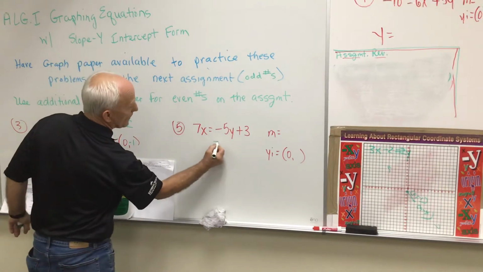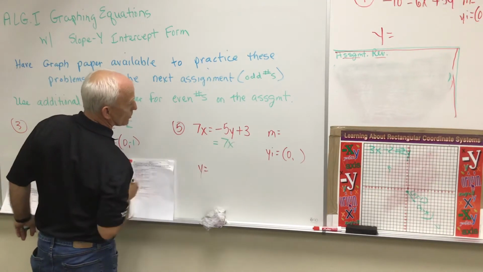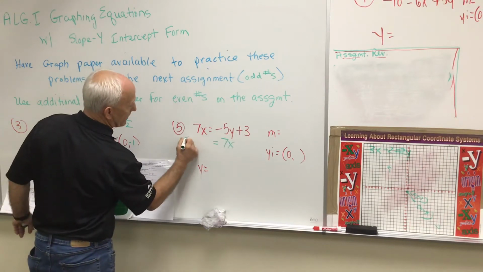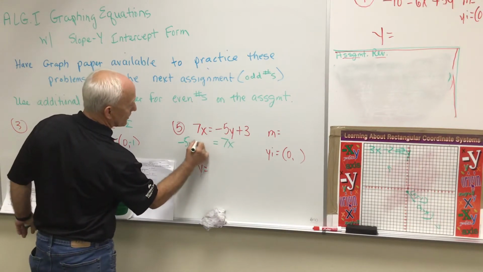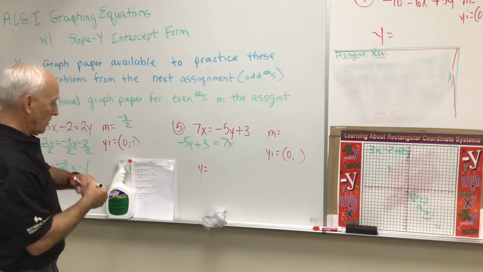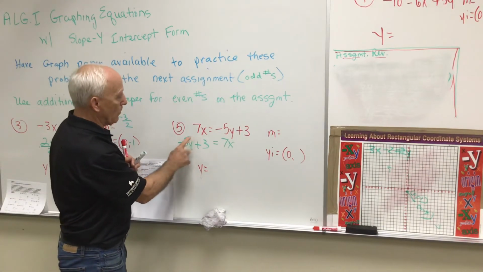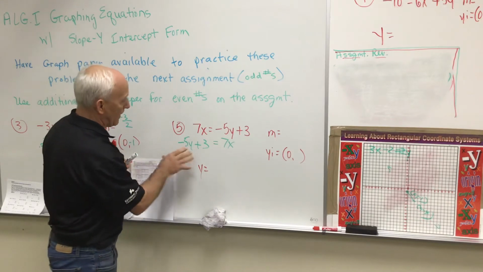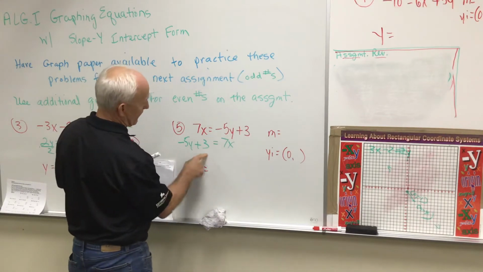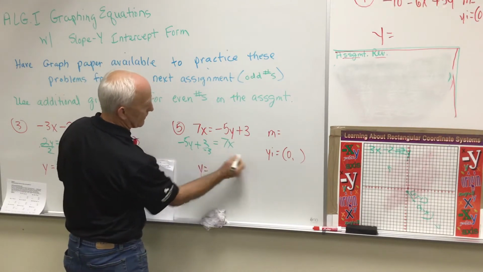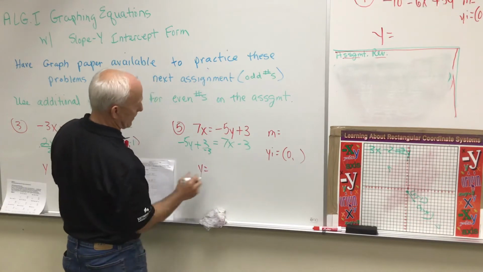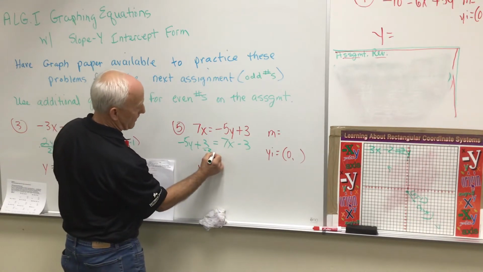So now, on the right side you have 7x. On the left side you have minus 5y plus 3. Now, is the y variable by itself? What do we have to do to get rid of everything but the y variable? We have to subtract 3, don't we? So there we go. Now what do we have?